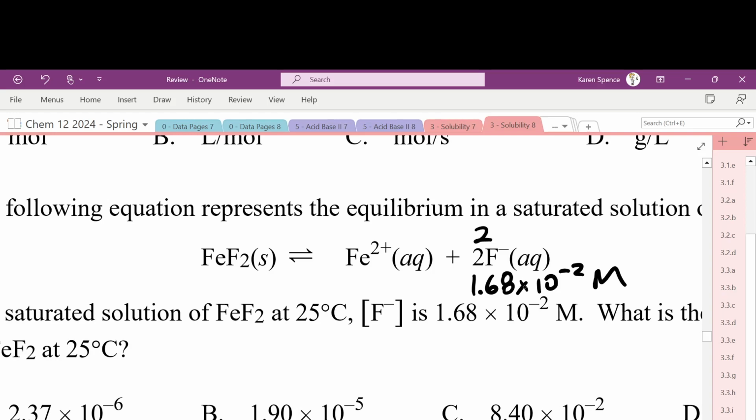So we would take that number and divide by 2, 1.68 times 10 to the negative 2, divide by 2. So that would be 8.4 times 10 to the, oh yeah, this should be a negative 3. Okay, that's a typo. Times 10 to the negative 3, and it should be C. Okay, yeah.